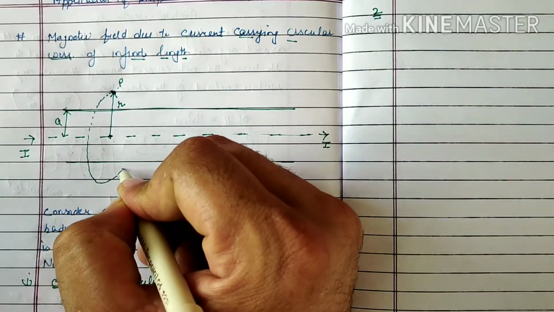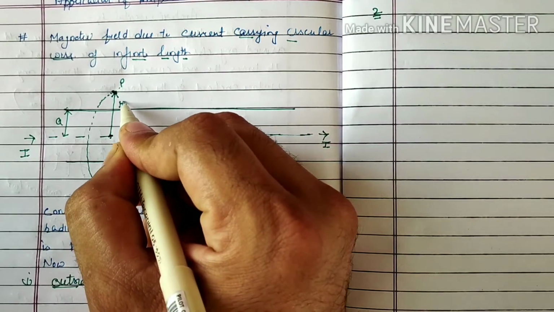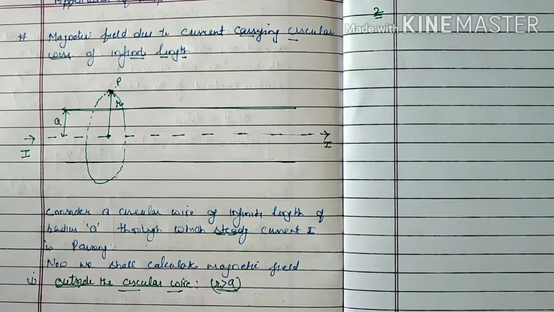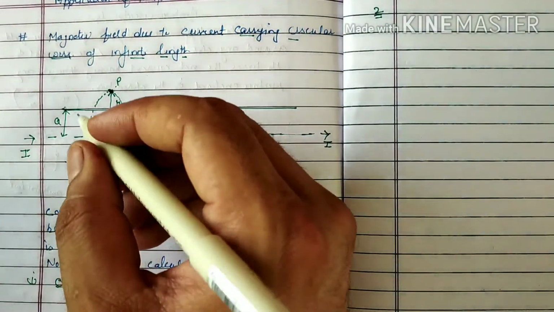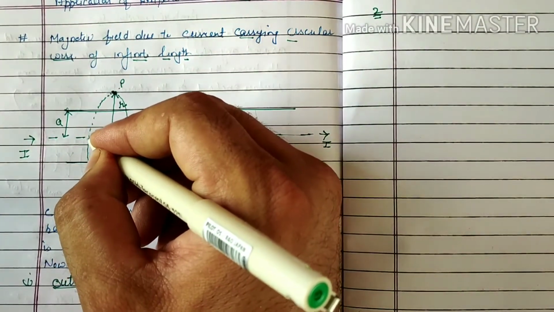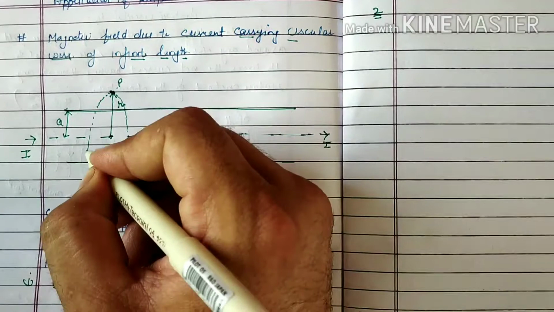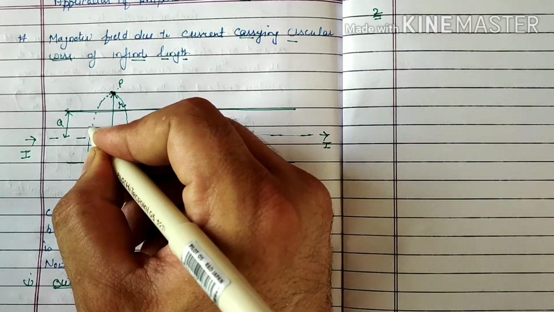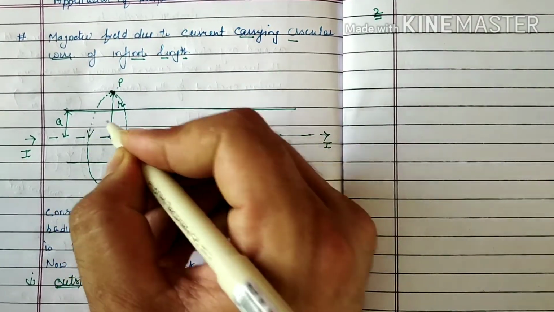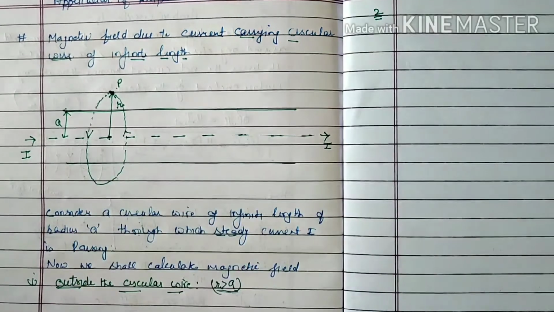This is our Amperian loop, and over it we consider a small current element. This is the direction of the Amperian loop, that is anti-clockwise.